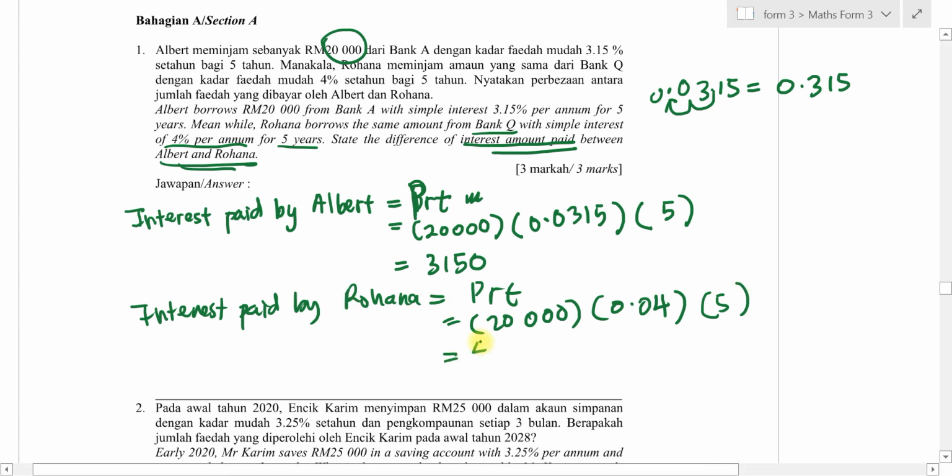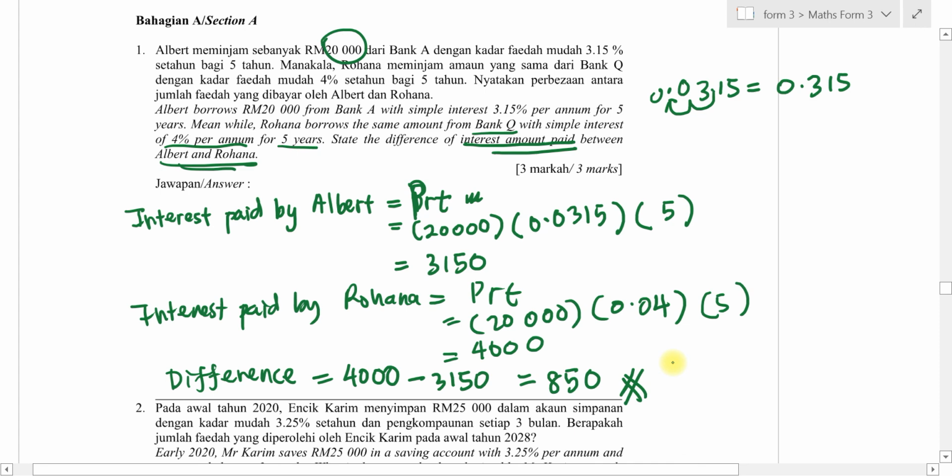This one is 4,000. So the difference is simple. Take your 4,000 minus 3150, you will get the answer 850. That will be the answer.